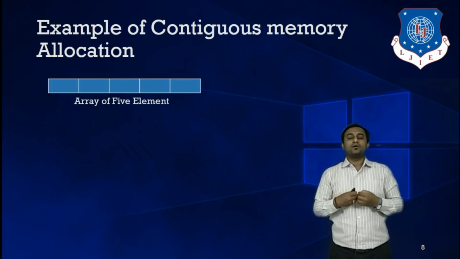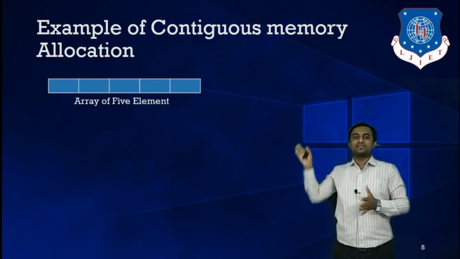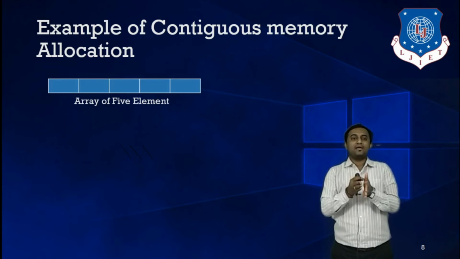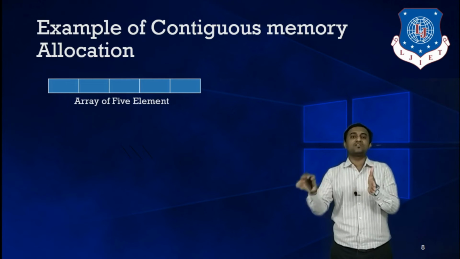If you want an example of contiguous memory allocation, in data structures we have one data structure, nothing but the array. You can see this is an array of 5 elements. An array stores the elements in contiguous, linear, or sequential fashion.